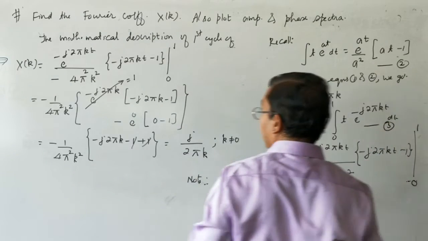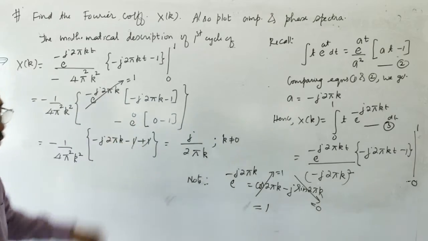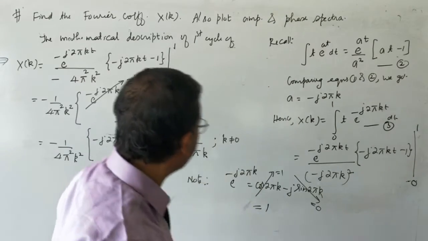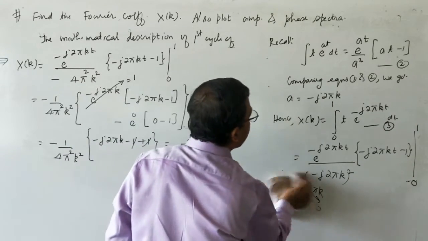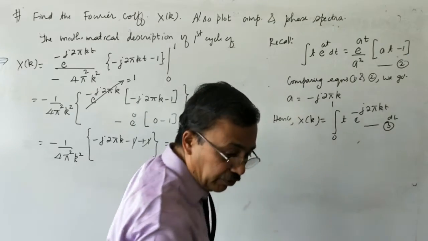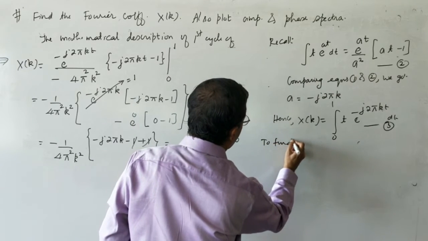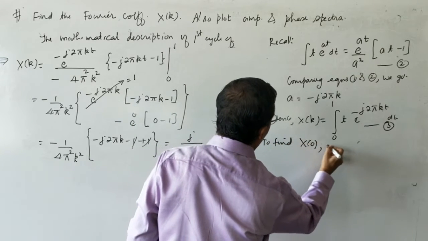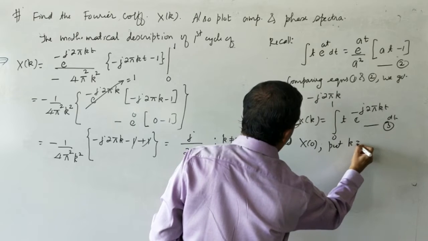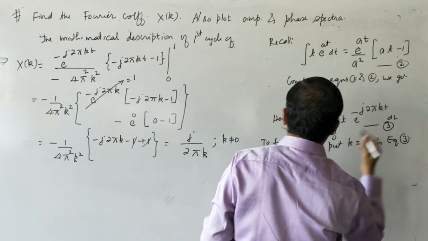So how to find the value of x of k when k is 0 is the next task. What I will do, to find x of 0, is put k equal to 0 in equation 3.